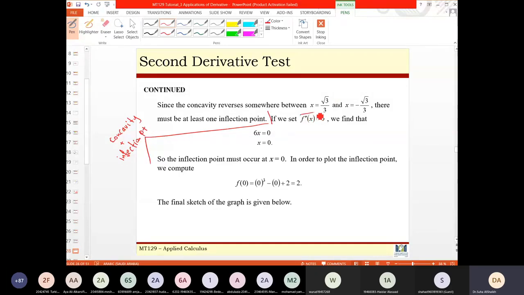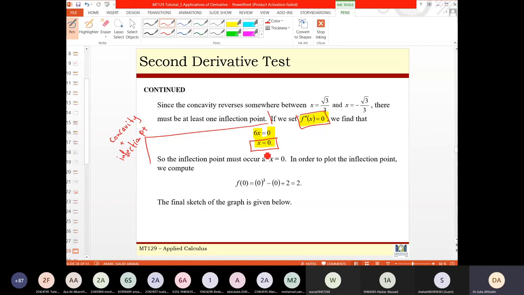To do this, I find f double dash, I make it equal to 0, I get a point. This point may or may not be an inflection point. This is what they did: f double dash equal to 0. And f double dash is 6x, so 6x equal to 0. This means x equal to 0, so this is the point that may or may not be an inflection point.